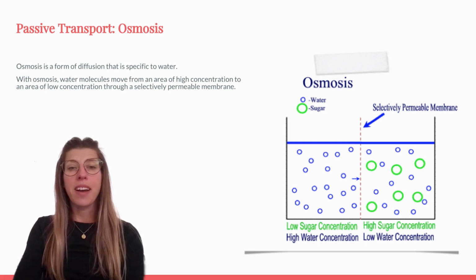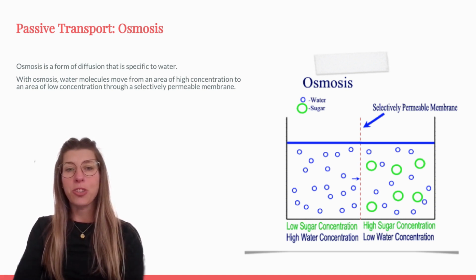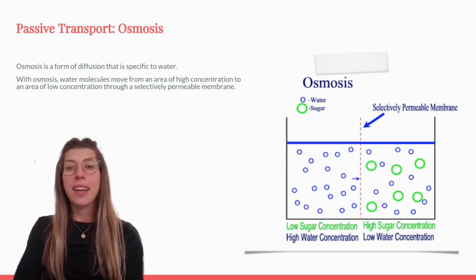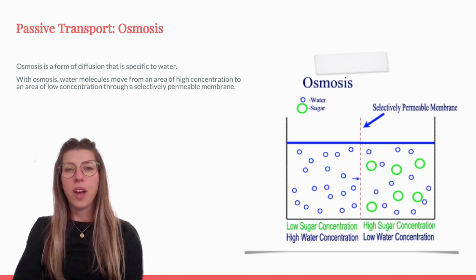Water is going to move from the area of high concentration to an area of low concentration. So even though there is water on the other side of that selectively permeable membrane, there is a lower concentration of water molecules in comparison to the left side. So water is going to move from where there's a lot of it to where there is less, okay? And that is the idea of osmosis.